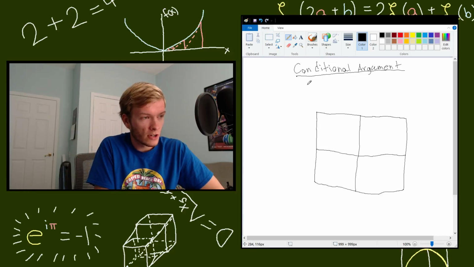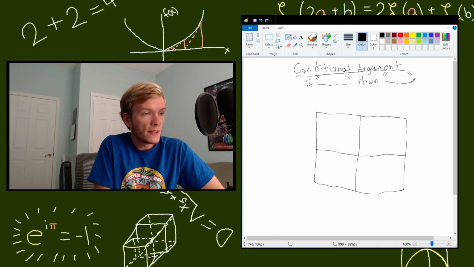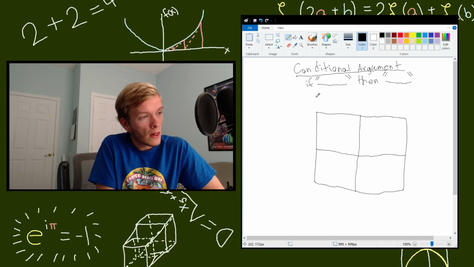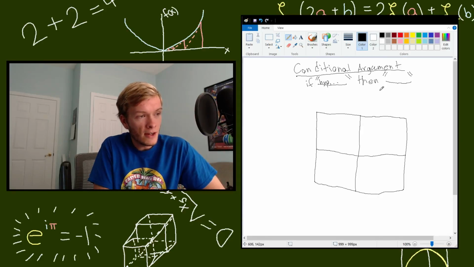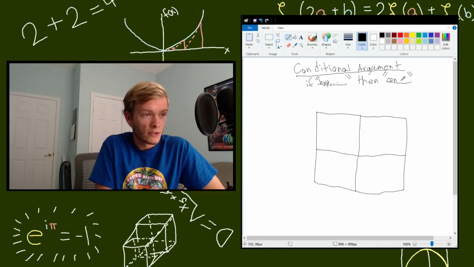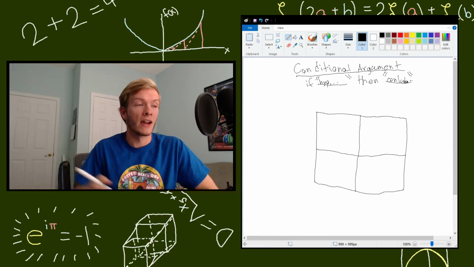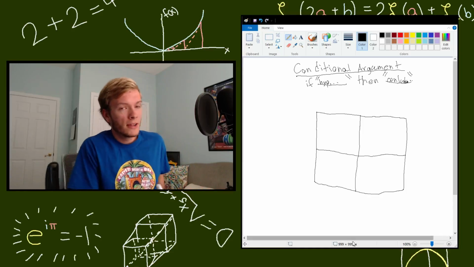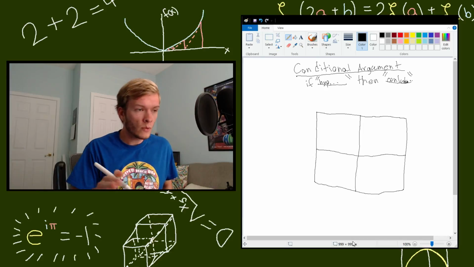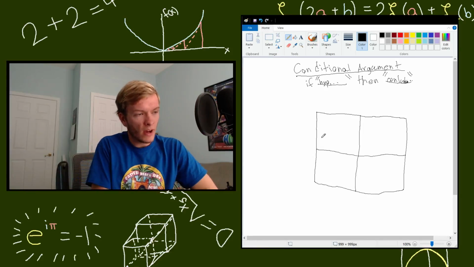And so this argument is: if blank, then blank. These blanks have names. The if clause is the hypothesis, and the then clause is the conclusion. So if something hypothesized happens, then something will happen because of that, and that is your conclusion. So this is the general format that we're working with, but there's a lot of things we can play around with. So that's why I made this chart.